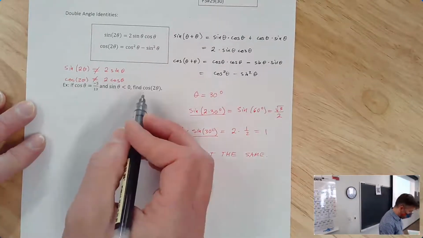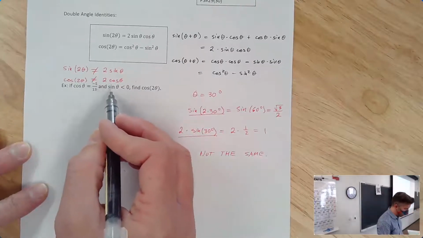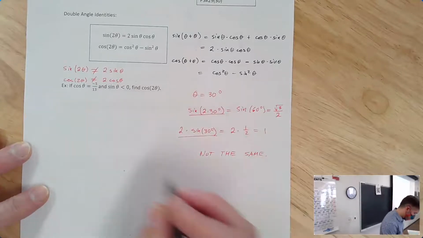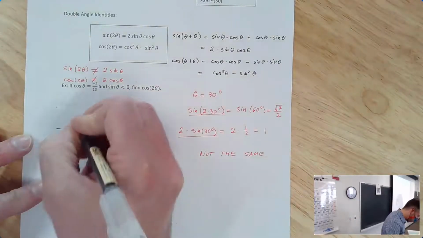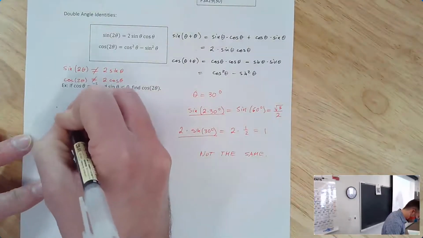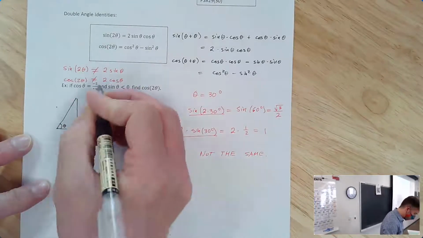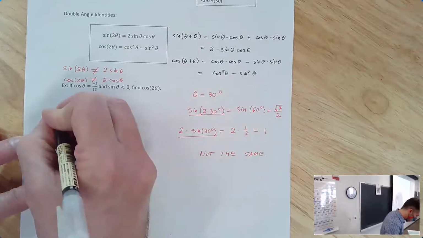So one kind of question we can ask is if cosine is equal to negative 5/13, and we know that sine of theta is negative, find cosine of 2 theta. So I know that cosine theta is equal to negative 5/13. I'm going to draw myself a right triangle where the adjacent side is 5. I'm going to ignore the negative, and the hypotenuse is 13.